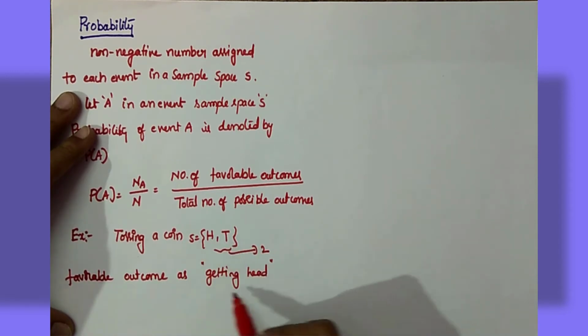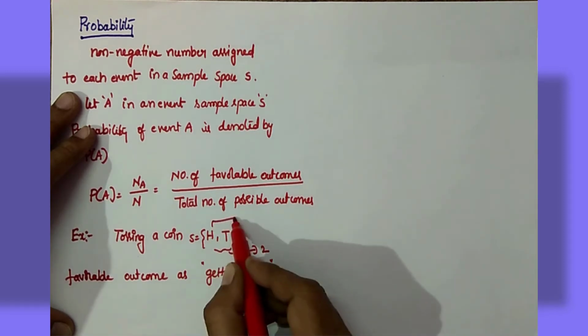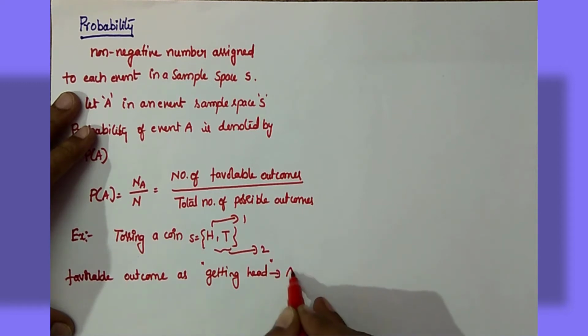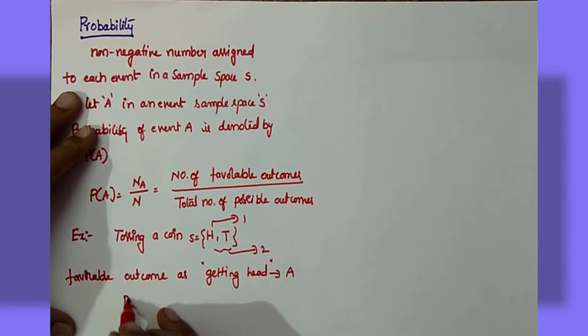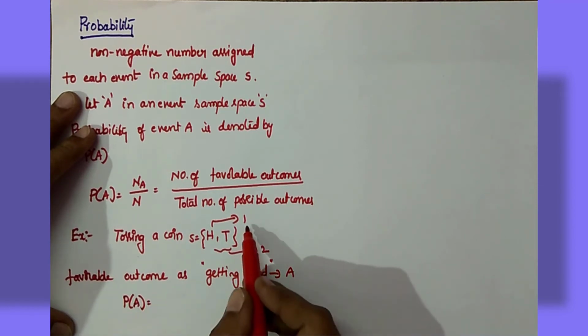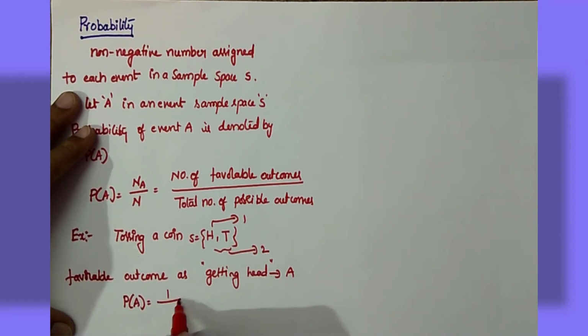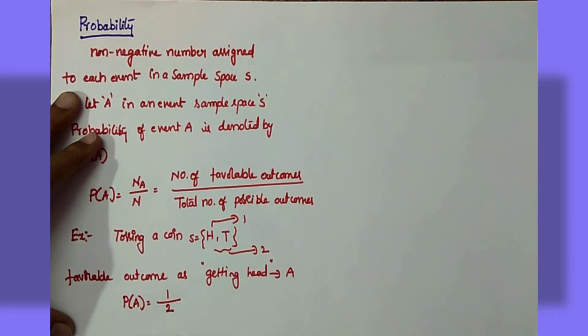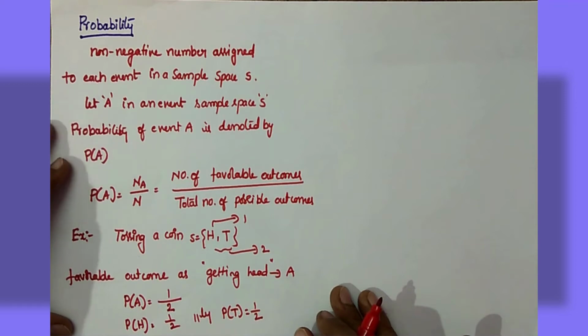Getting head is the favorable outcome, so only one. If getting head is the event A, then what is P of A? The number of favorable outcomes is 1, divided by the total number of possible outcomes, 2. So P of A is equal to 1 by 2. As this is getting head, I can write it as P of H, meaning the probability of getting head is 1 by 2. Similarly, the probability of getting tail is also 1 by 2. So this is probability.